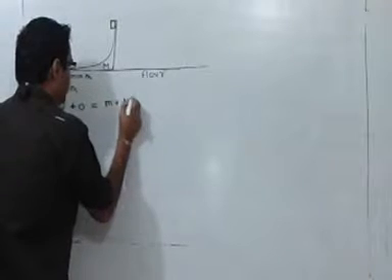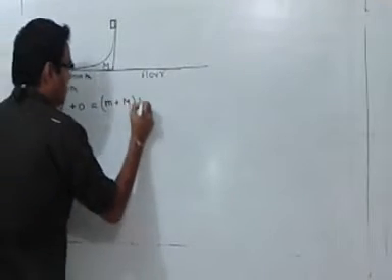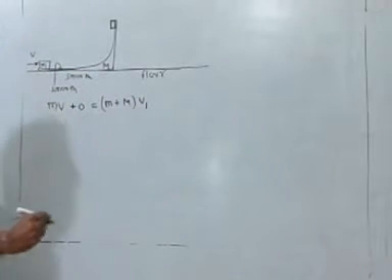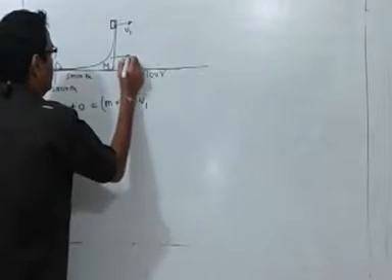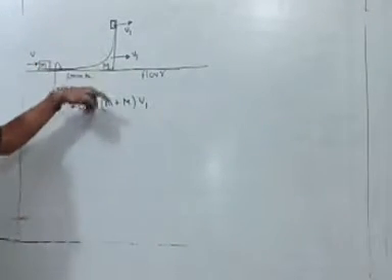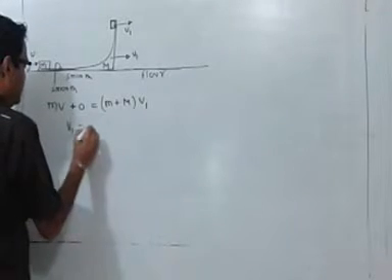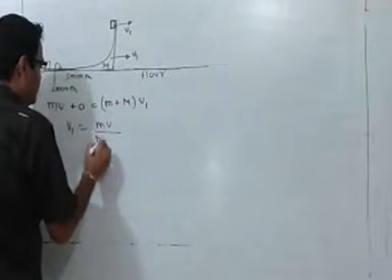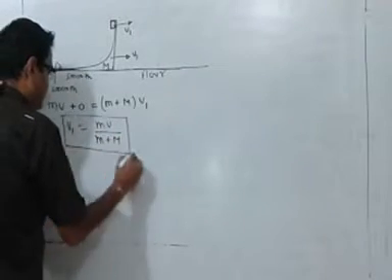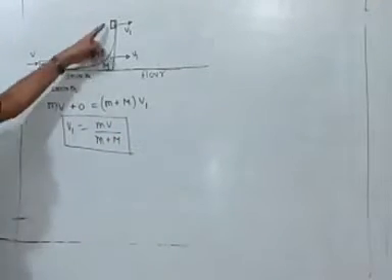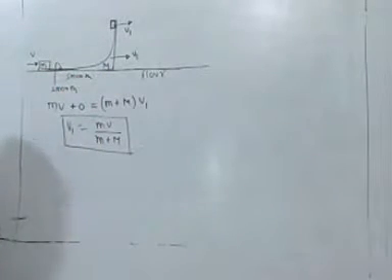The final momentum will be the total mass of block plus ramp into their combined velocity v1. v1 is the horizontal velocity of block as well as ramp. They will move together towards right. That gives me the value of v1 as mv upon M plus m. This is the velocity with which both these bodies will move together towards right.